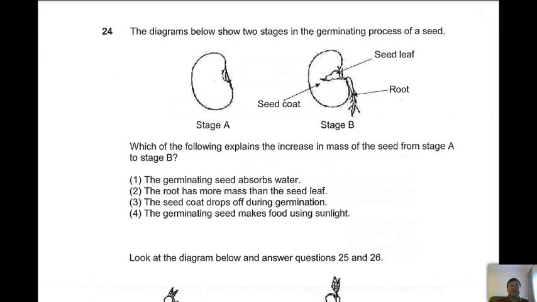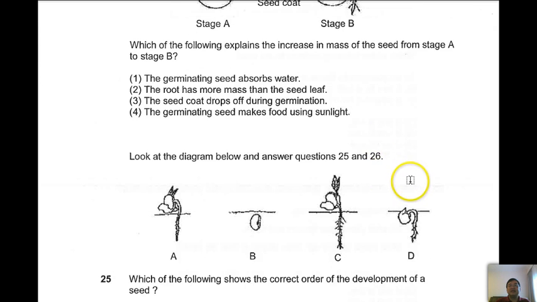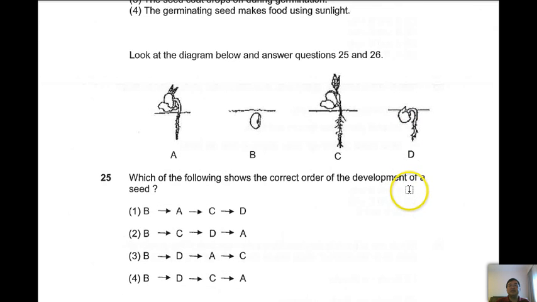Let's carry on. We have to look at this picture here and answer the two questions. This is very straightforward. It will start from B, come with this smaller part, and later on the leaves will come out. So it's B, D, C, A. It will end with A. However, this is often jumbled up, so just remember B has to be 1.